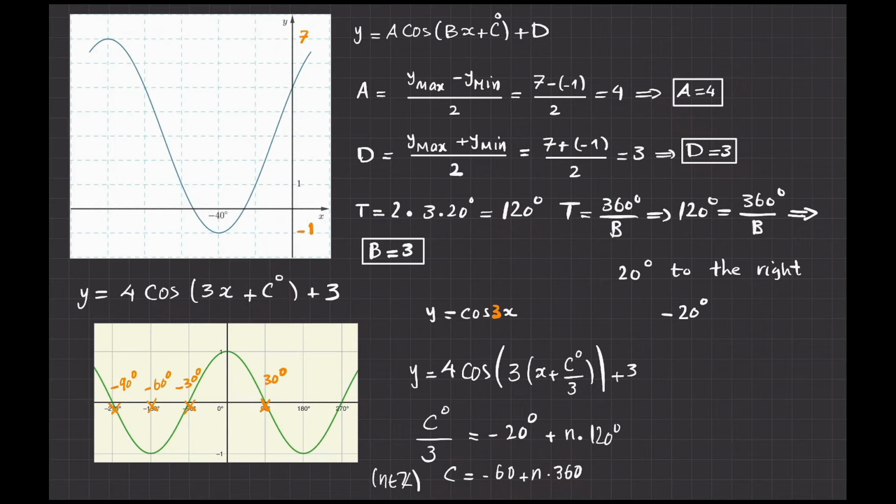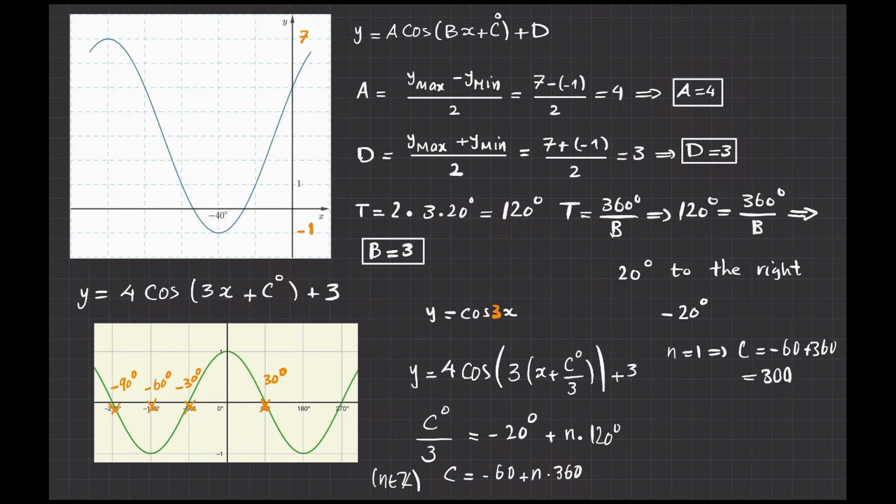But here, because I'm looking for the smallest positive one, I have to choose n equals to 1 because negative n's give negative values for c which are not acceptable, and if I go beyond n equals to 1, of course I will get correct answers, but those are not the smallest ones. So the smallest one occurs when n is equal to 1, then it means that c is equal to minus 60 plus 360, which is 300.